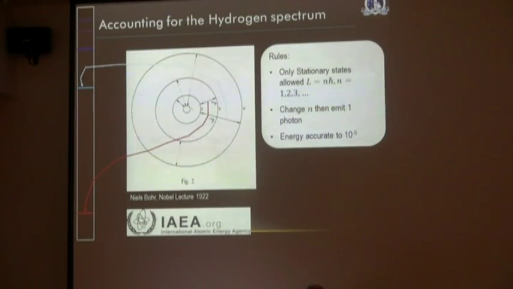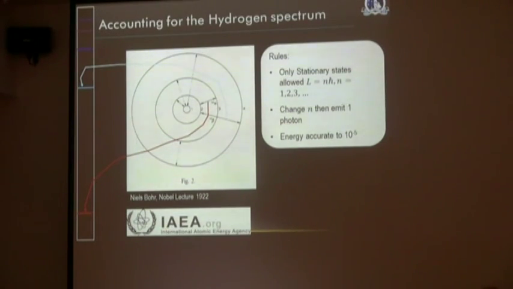But he was able to take his theory about the stationary states and the photons being emitted and say that this first red line comes about from an electron dropping from level 3 down to level 2. And the blue line here comes from level 4 dropping to level 2. And this purple line, which is very hard to see here, comes from level 5 dropping down to level 2. And he worked out what the colours of these lines should be and was absolutely spot on to a precision of 1 part in 10 to the 5.